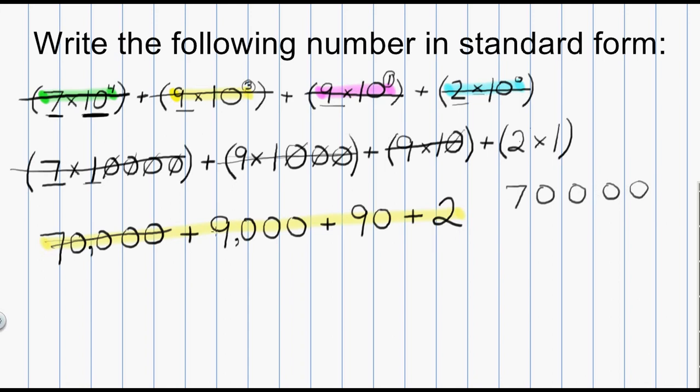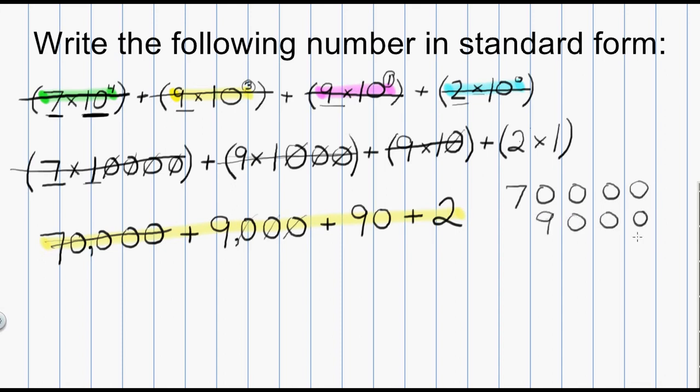Okay, and now I'm going to add 9,000. It's very important that when I do this, I keep my numbers lined up along the right side, along this right column. A little trick that I'm going to use is I'm going to count my zeros. 1, 2, 3. And then starting on the right column, I'm going to put in my 3 zeros. 1, 2, 3, and then put in the 9.